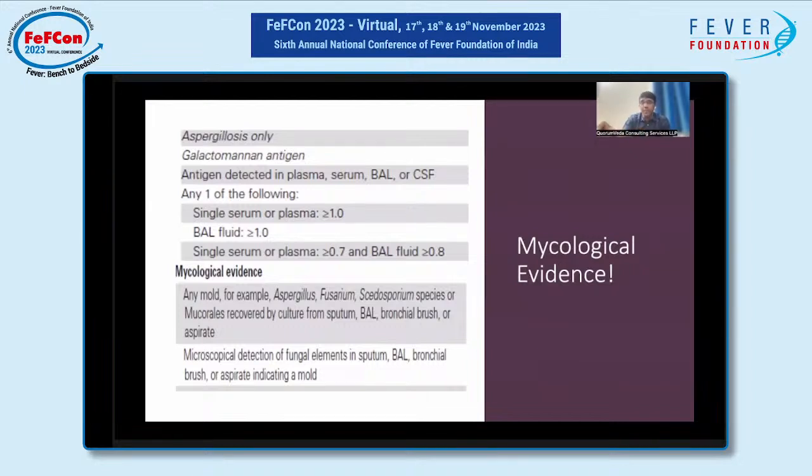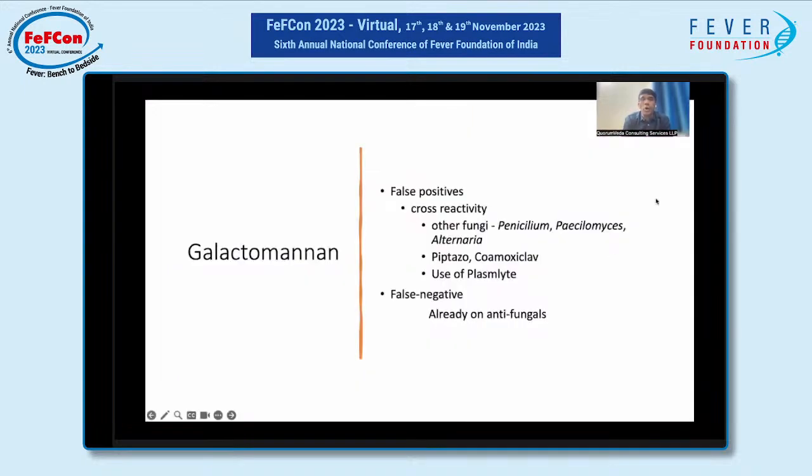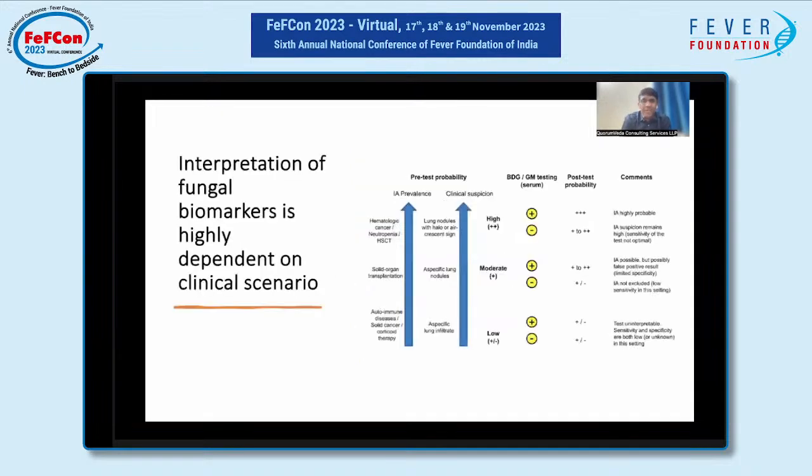Again, it's important to take the history. Important to look at the predisposing condition, the immunocompromising condition. Because galactomannan is a good test, but there is a lot of false positivity and false negativity. That's why the interpretation of the fungal biomarkers is highly dependent on the clinical scenario.